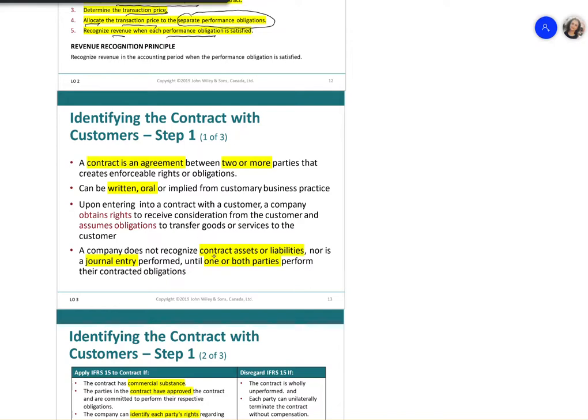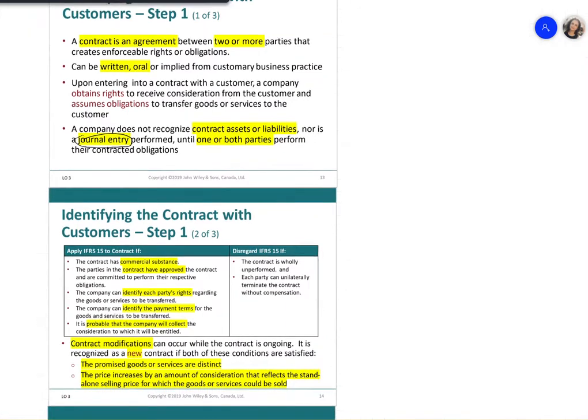We cannot do the journal entry until one of the parties performs their obligation, and once it is performed, at that time the transaction or journal entry takes place.